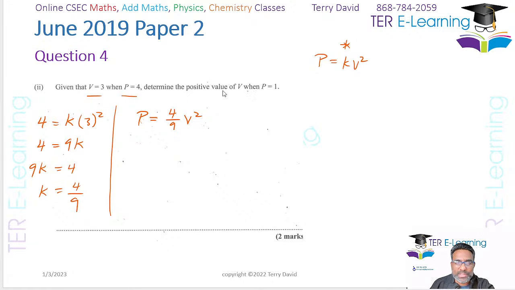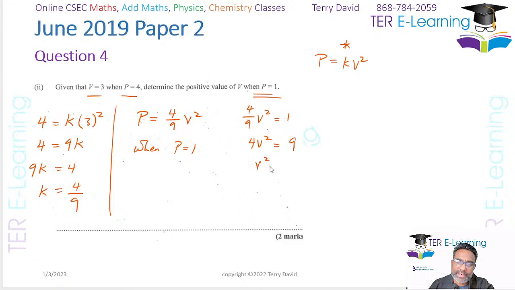Now the question wants us to work out the positive value of v when p is equal to 1, right? So all we're going to do, we're going to say when p is 1, 4 over 9 v squared is equal to 1. So I can write that as 4v squared is equal to 9.